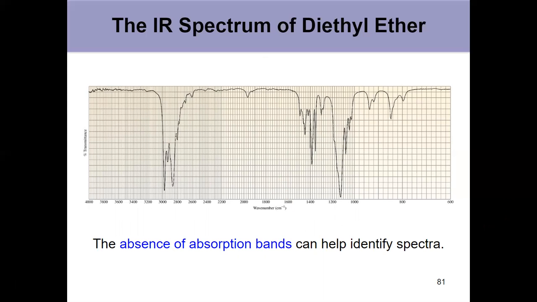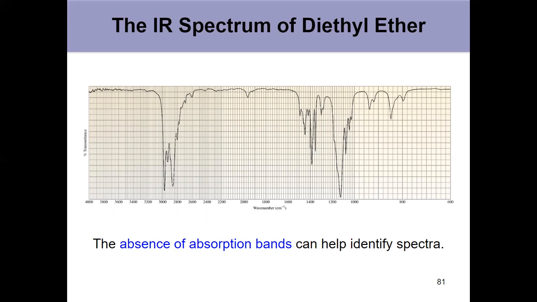So by process of elimination, I'm pretty much down to an ether. Okay. I don't know if it could be diethyl ether or ethyl methyl ether, something like that, right? This is why we need multiple methods of analysis, but you see all that information I can get just from looking at an IR spectrum in terms of the functional groups.